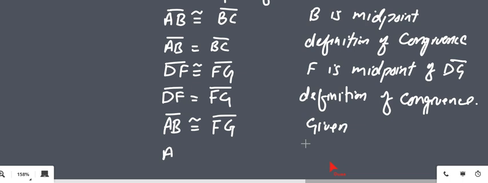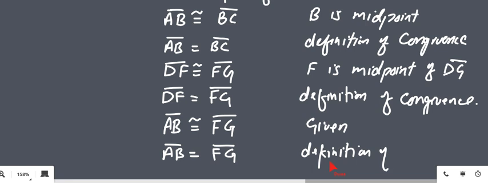So we can write AB equals FG by the definition of congruence. Is it clear?